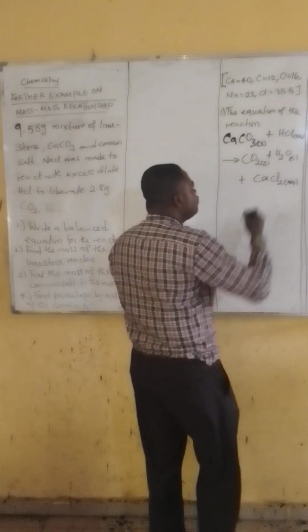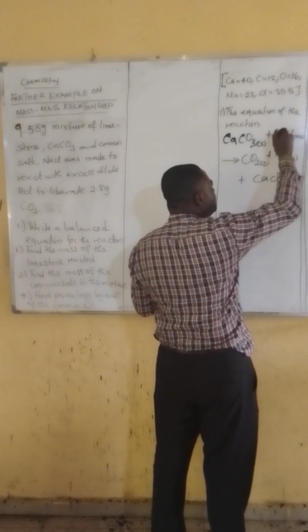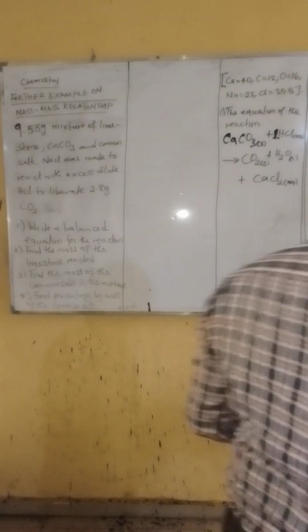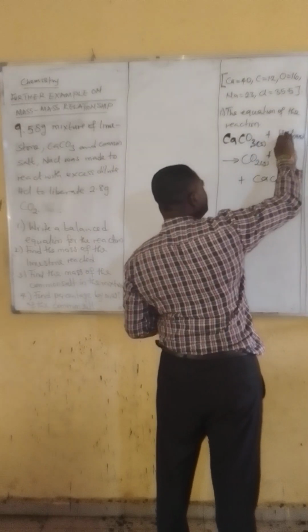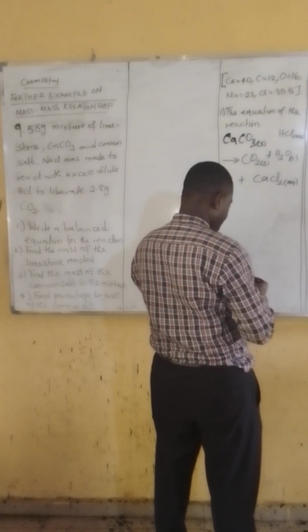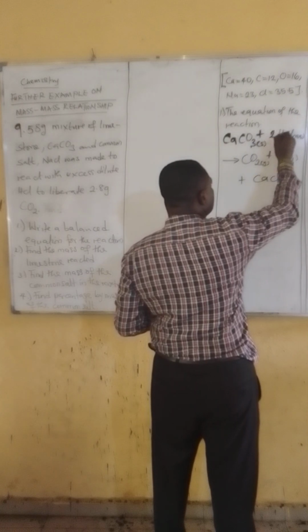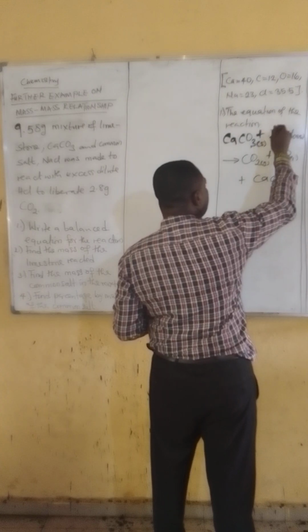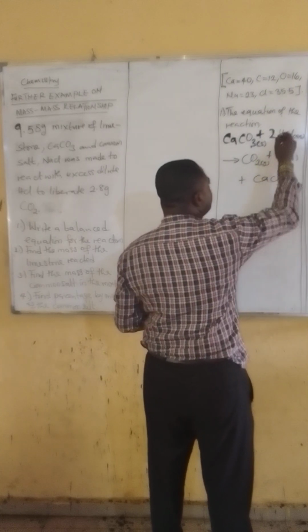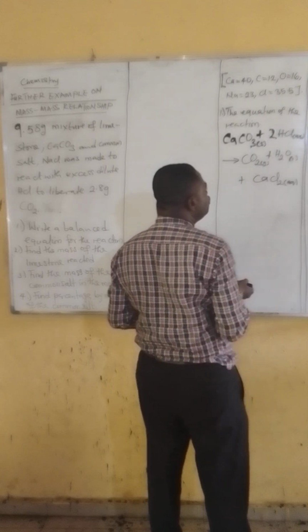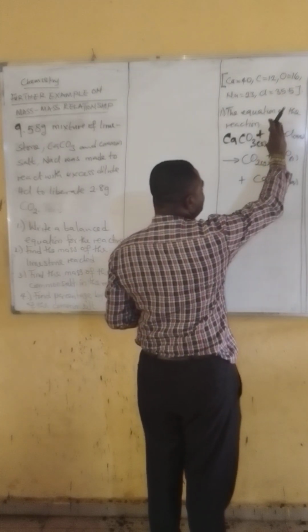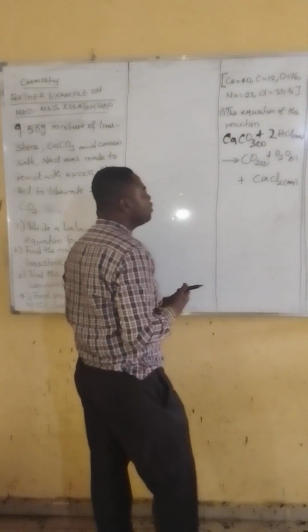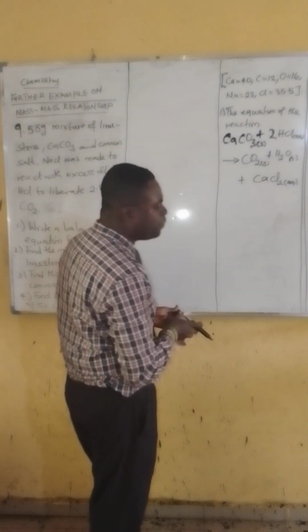Because of these 2, we put 2 here, so we have 2HCl. The 2 we put here has affected chlorine. Chlorine is now 2, and these 2 hydrogen, 2 chlorine, and already we have 2 chlorine here. So that is that. Now we are through with this.